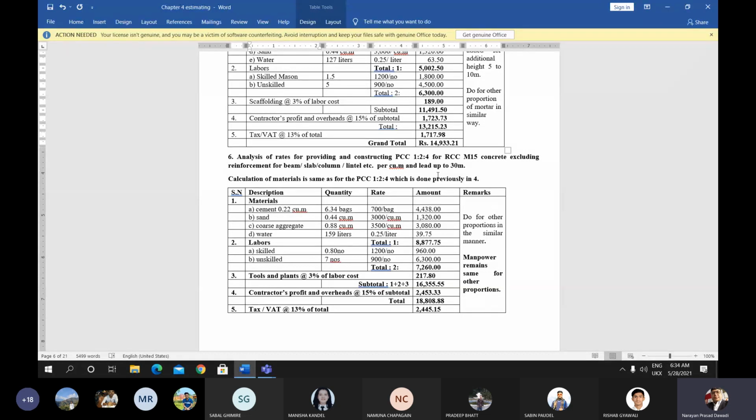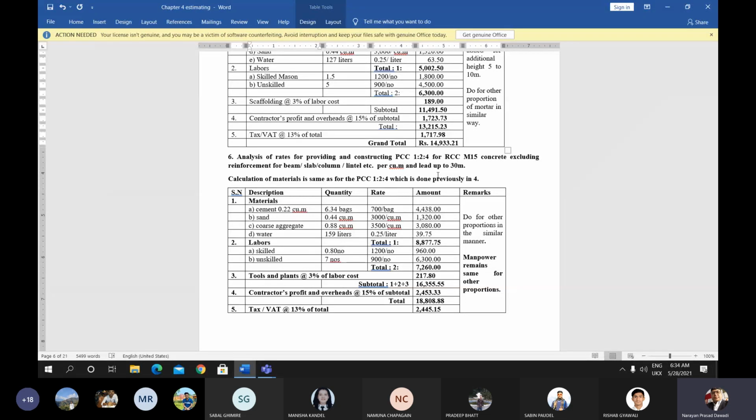So the calculation of material for the cement, sand, and the coarse aggregate will remain the same. That's why I have not calculated here, because the proportion for PCC 1:4 and the proportion for RCC 1:4 is for only concreting work, so the quantity of material remains the same. That's why I directly put the materials here.